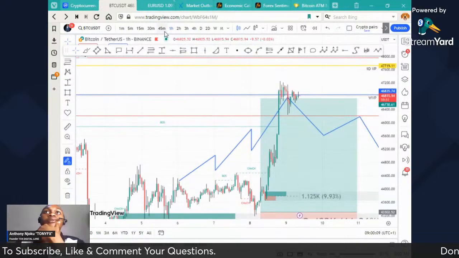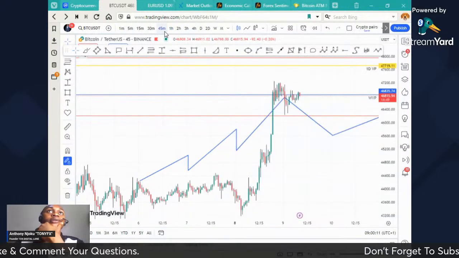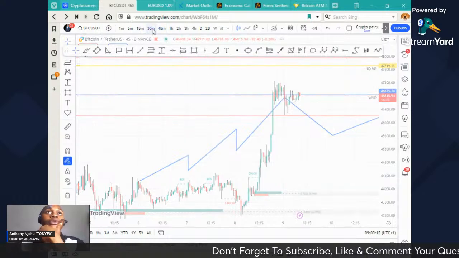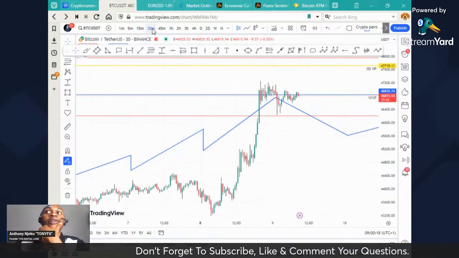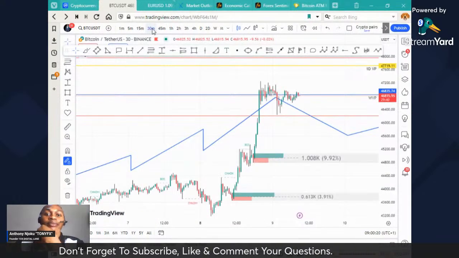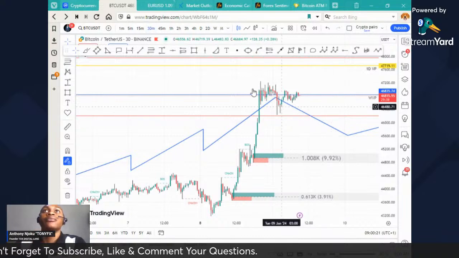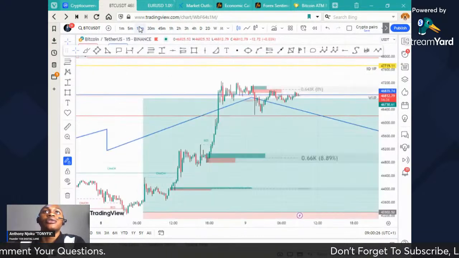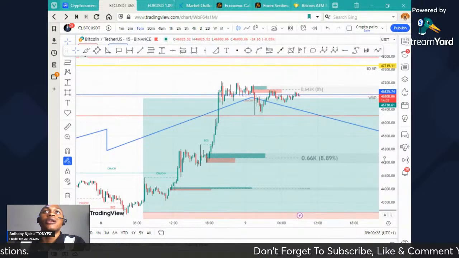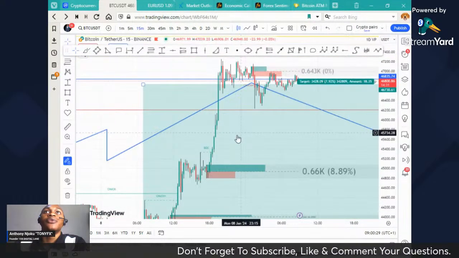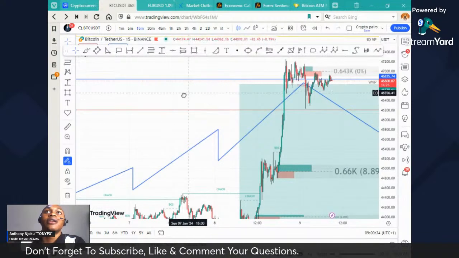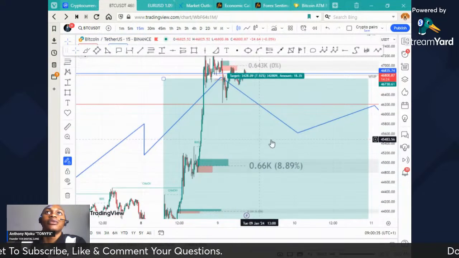Okay, nothing yet. Let's go lower. Nothing yet. Let's go lower. Nothing yet. Let's go lower. Okay, we found something now. So it's more like the 15 minutes order block.